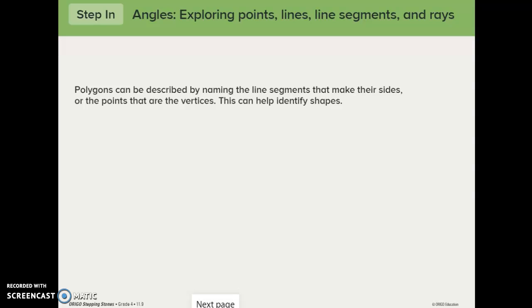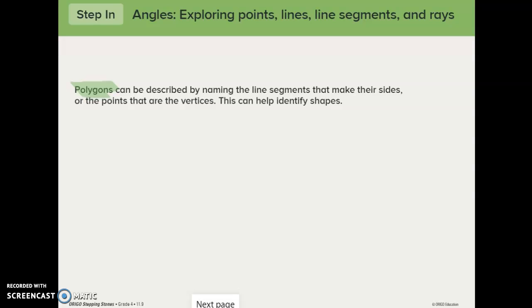Polygons can be described by naming the line segments that make their sides or the points that are the vertices. This can help identify shapes. A couple of vocab words we might want to refresh on: a polygon is any shape that has straight sides, that has 3 or more sides and angles.